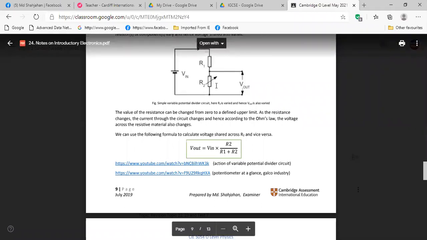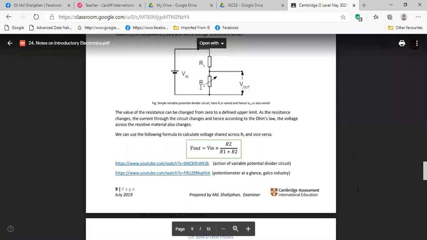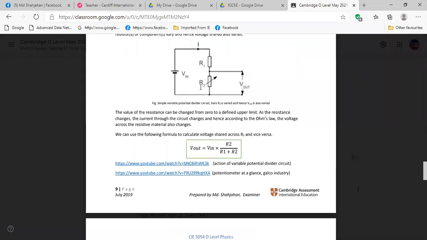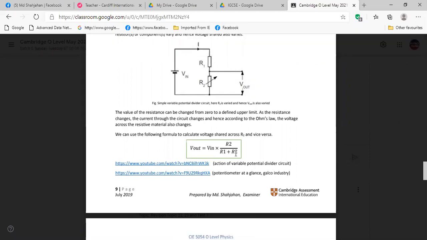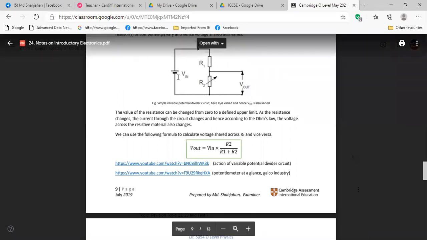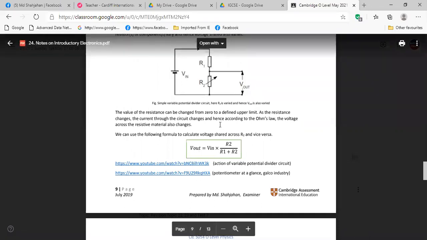If you want to get the voltage across R2, then you can find it using this formula: R2 by R1 plus R2 multiplied by Vin. Okay? Did you get it before in your school or anywhere you learned? You got this formula before?